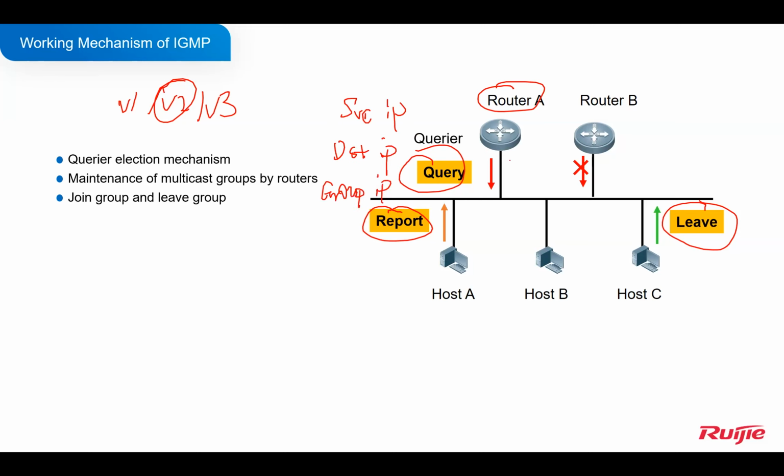For the common query request packet, the source IP is router A's IP.